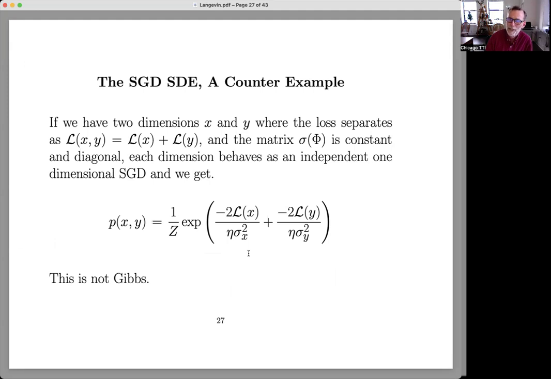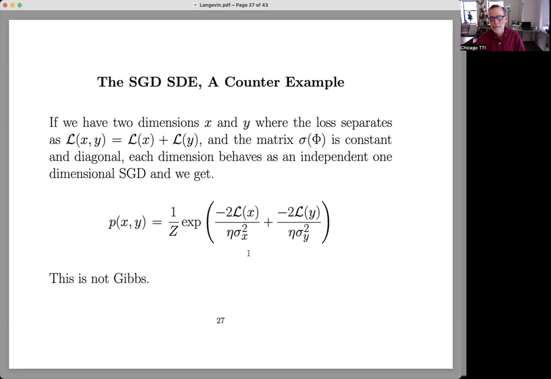The counterexample says, consider we have two dimensions, but the loss function completely separates into a function of the first dimension and a function of the second dimension. Then the gradients separate. The gradients on the first dimension are separate from the gradients on the second dimension. So those two dimensions are going to behave completely independently.